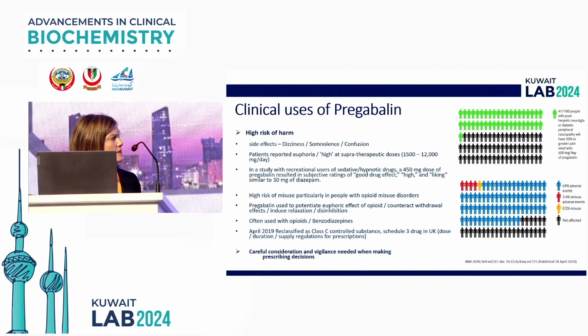And this risk of misuse is particularly high in people with opioid misuse disorders, where pregabalin is used to potentiate the euphoric effect of an opioid and also to counteract withdrawal effects. Often you will see that pregabalin is used with opioids and with benzodiazepines, and in 2019 it was reclassified as a Class C substance and a Schedule III drug in the UK, which means that prescription needs to be very, very careful, and repeat prescriptions are not allowed.